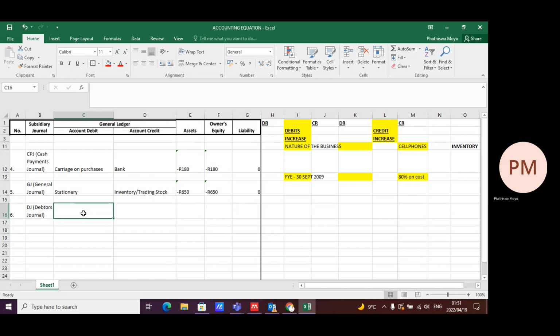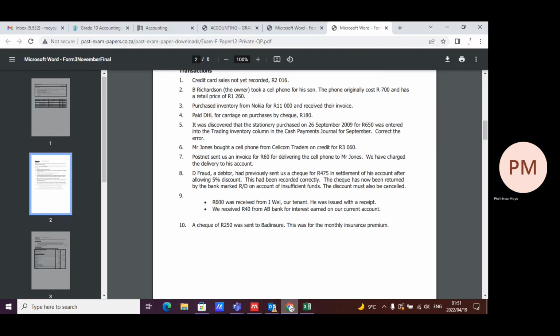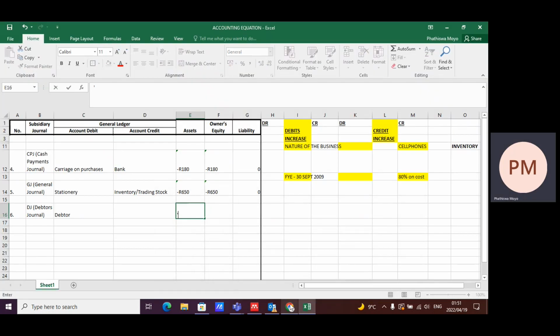So we've got a debtor, Mr. Jones, buying on credit for 3,060, the plus. And then we've got credit sales increasing.